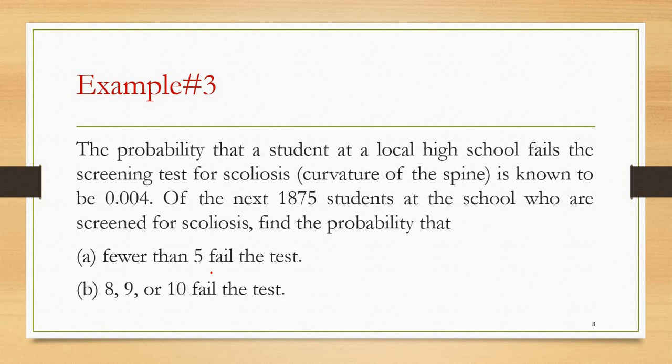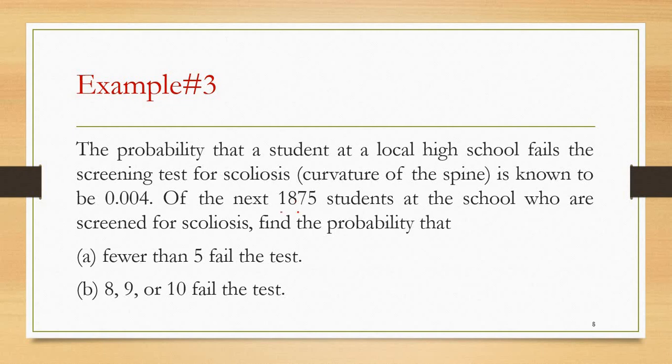So by considering the properties of the binomial distribution, the very first property is, as you know, that there are two categories, success and failure. And here our success is the student who fails the test. Otherwise, it is failure. So we have two categories. Second property is that number of trials are fixed.